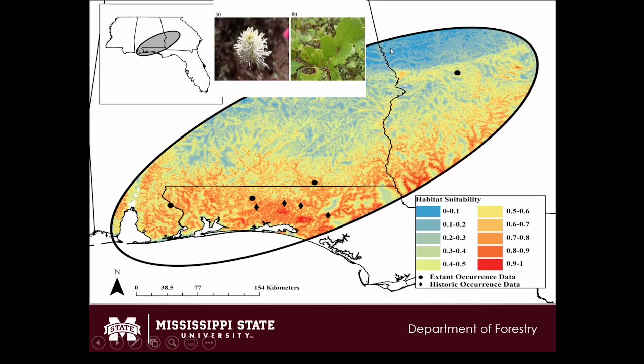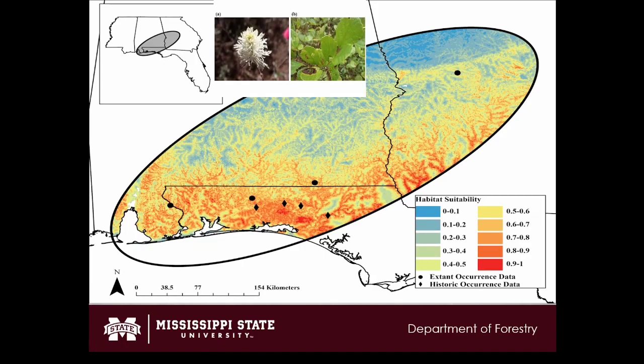For those of you that might be plant people, this is very closely related to witch alder, witch hazel in the Hamamelidaceae family. But what's really cool about this particular model is that the species was only recently described in March of 2020, so not that long ago.